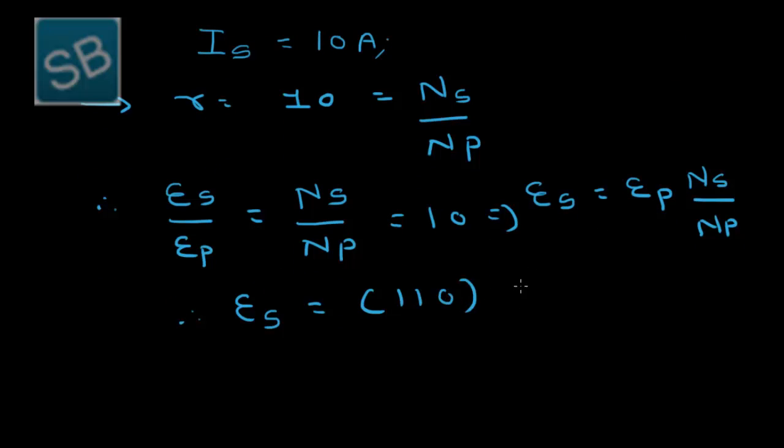Because epsilon P is 110 and Ns over Np is 10, epsilon S is equal to 1100 volt.